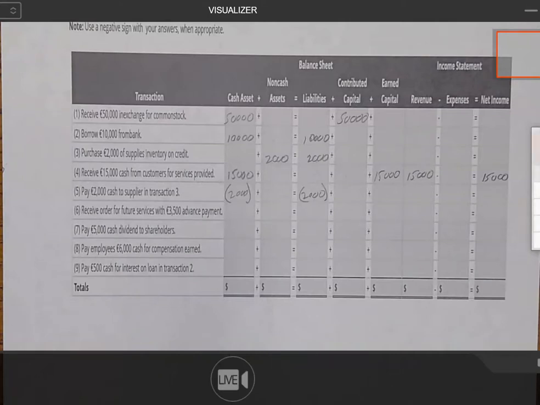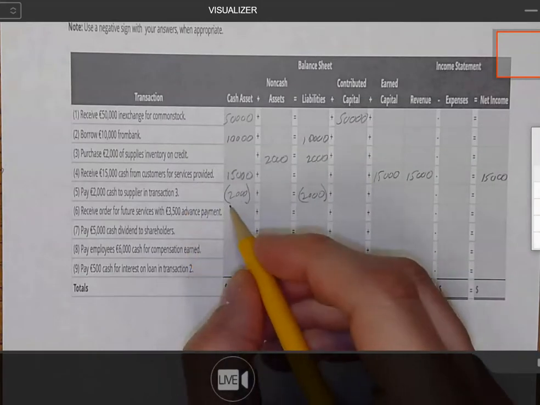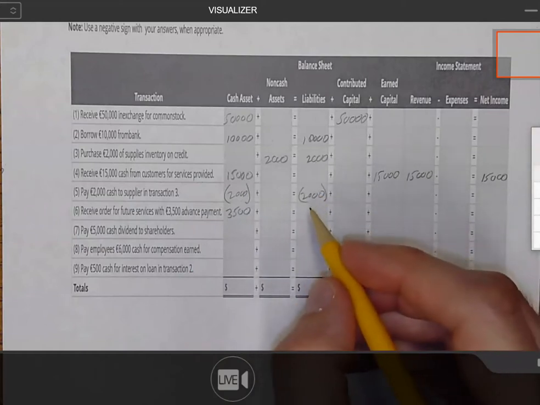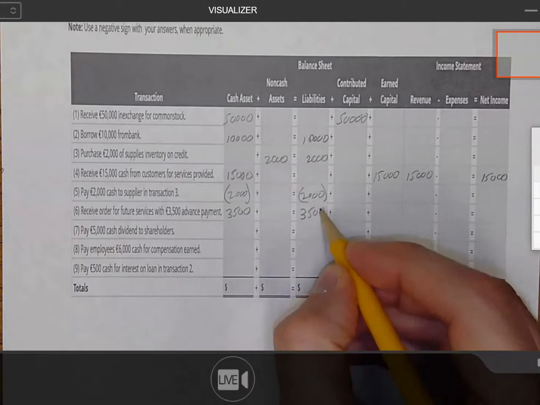Now, I'm not sure if that's a down payment or if they just paid for $3,500 of services in advance. It actually does not matter because we haven't earned it anyway, but we do need to plot this $3,500 here under cash, and we're also going to have a $3,500 liability.